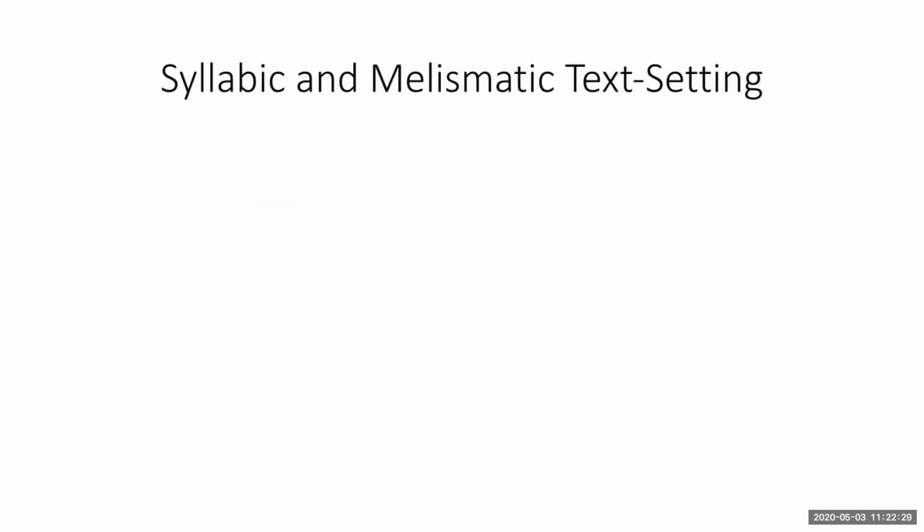Another thing to consider is whether you want to use a syllabic text setting or melismatic text setting. And often composers use a mix of the two for variety. Syllabic means that you have one note per syllable. This is usually good for clarity of text and for getting text across quickly.